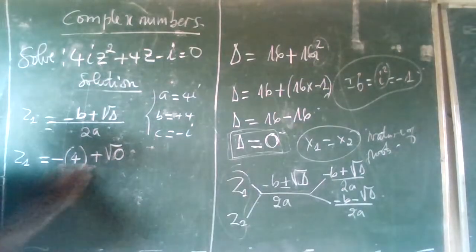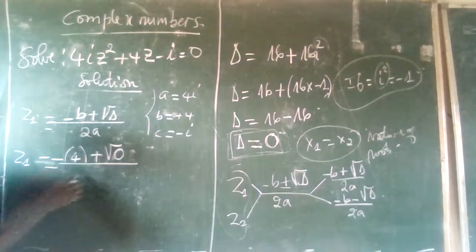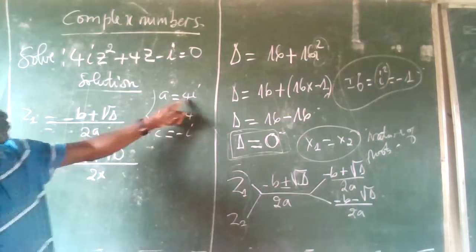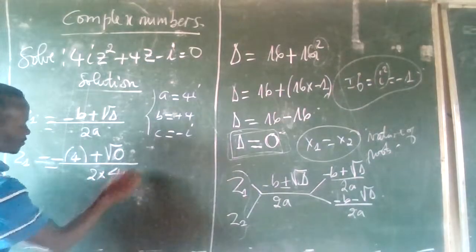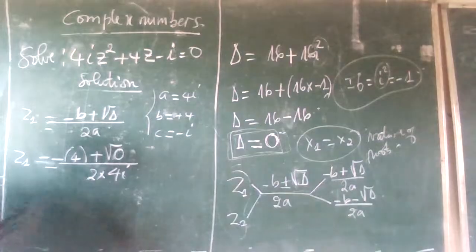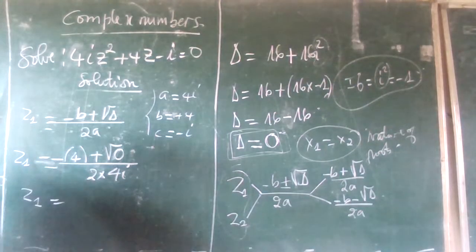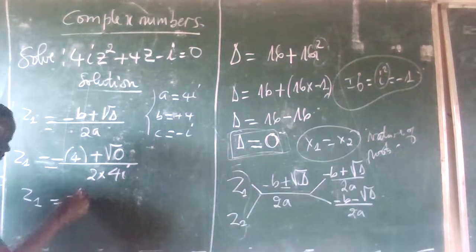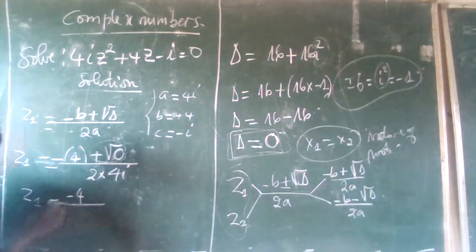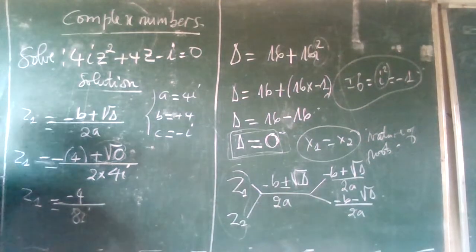Now over 2A, it is 2 times Z. How is A? It is 4i. Yes? Now finally, we have Z1, which is equal to minus 4, we remain with 0, over 8i, yes? 8i.